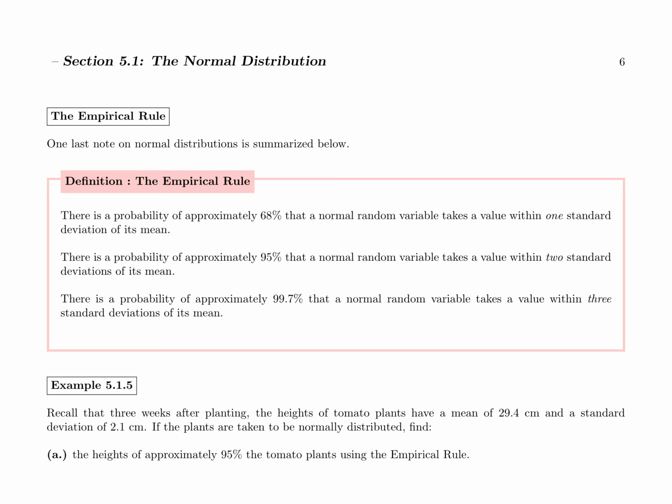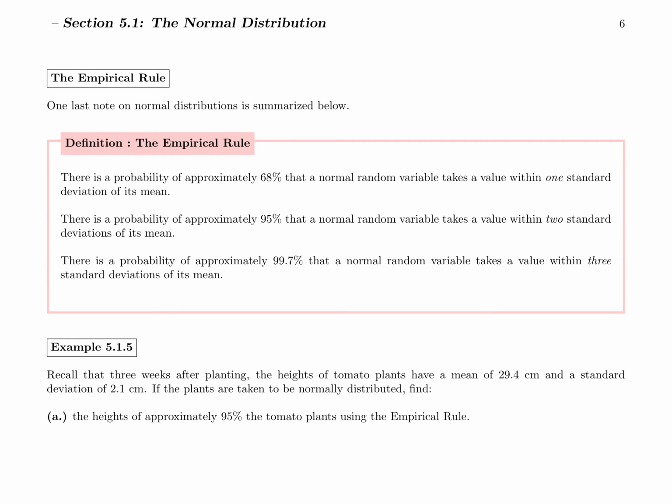So let's talk a little bit about our normal distribution one more time. This is a way to wrap up the empirical rule I mentioned earlier when we looked at the standard normal. There's a probability of approximately 68% that our normal random variable takes a value within one standard deviation of the mean, 95% within 2, and 99.7% within 3.